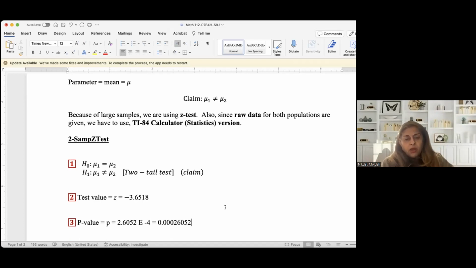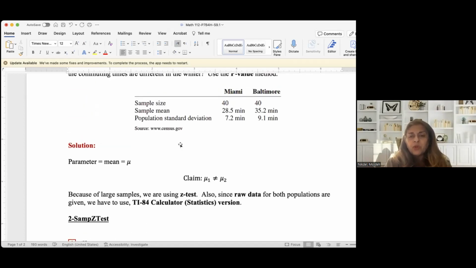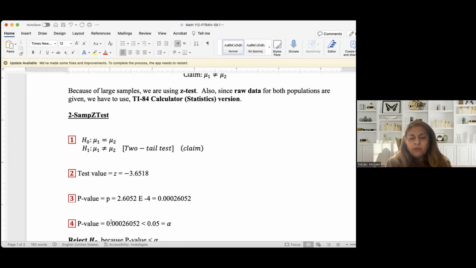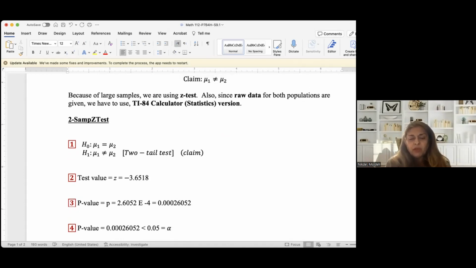Now to decide to reject or not reject the null, I'm going to compare my p-value with alpha, which was 0.05. The p-value is smaller than alpha, because alpha is larger. So the p-value is falling in the alpha region, which is the rejection region.